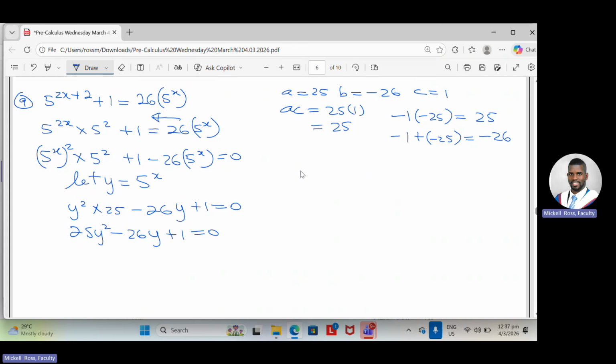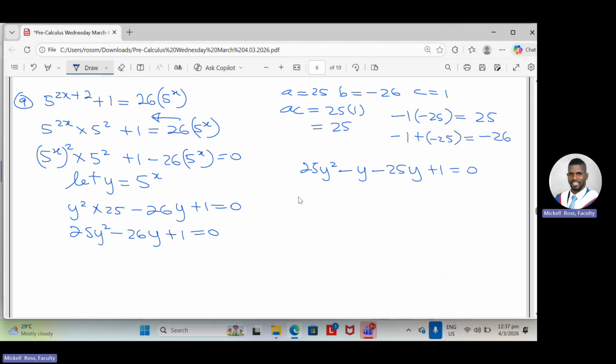So we can rewrite it and go ahead. We're going to get 25y squared minus y minus 25y plus 1 equal to 0.